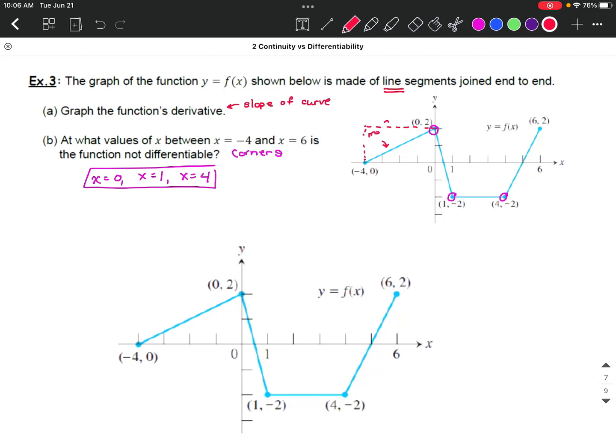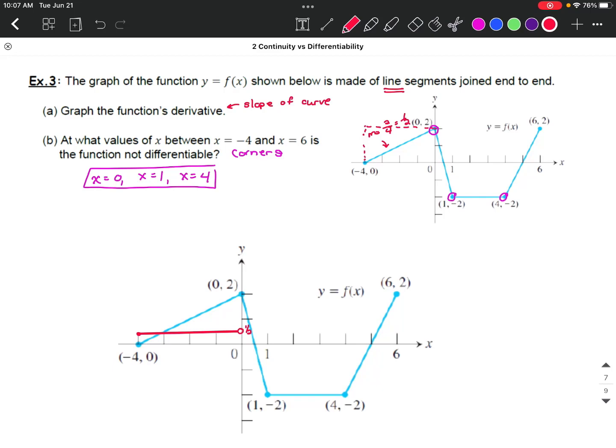It's rising 2 and over 4. So that slope is 1/2. So from -4 all the way to 0, but not at 0, so we need an open circle there, we have this horizontal line piece that has a height of 1/2.